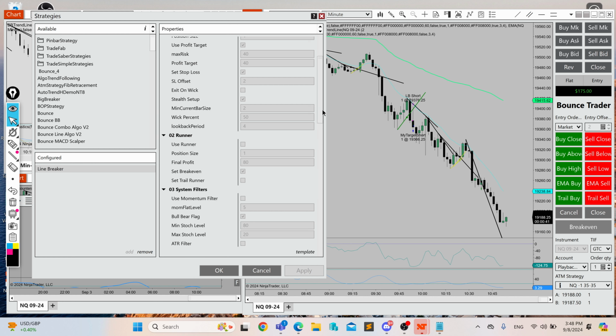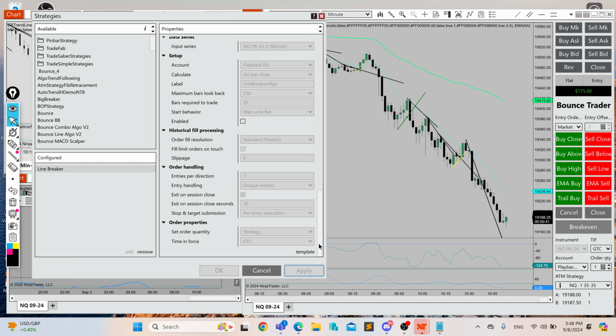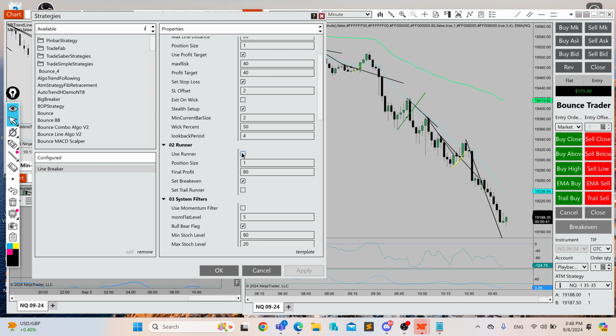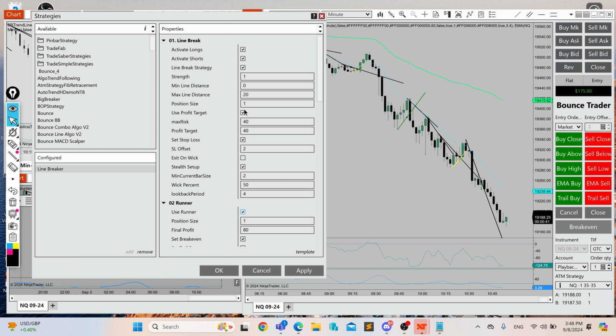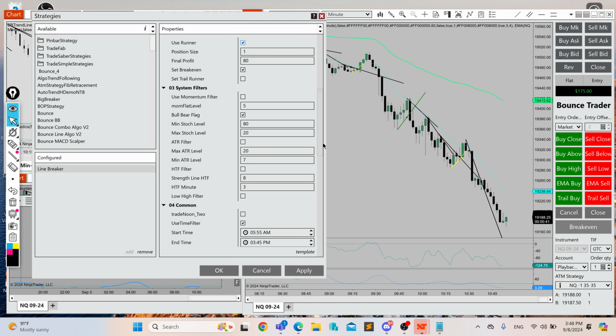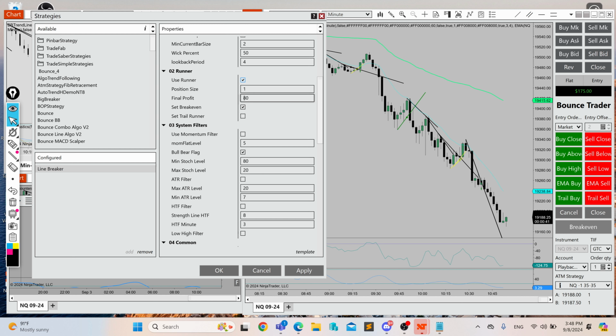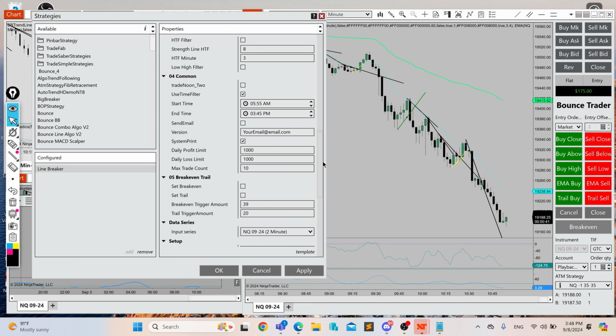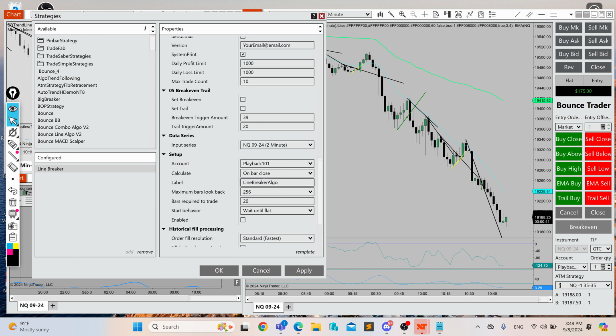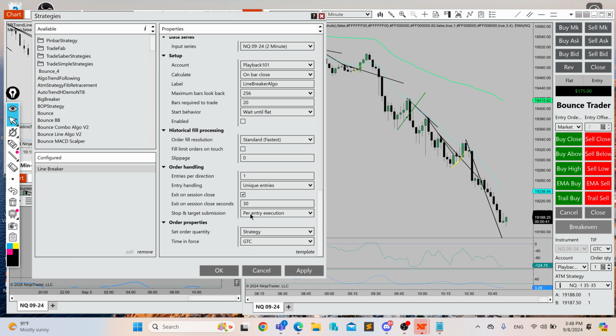But usually, if you enable this runner, let's say your first take profit target is 40, the next take profit would be profit target 80, and I would use a break even, and here we need to specify the ticks per direction too.